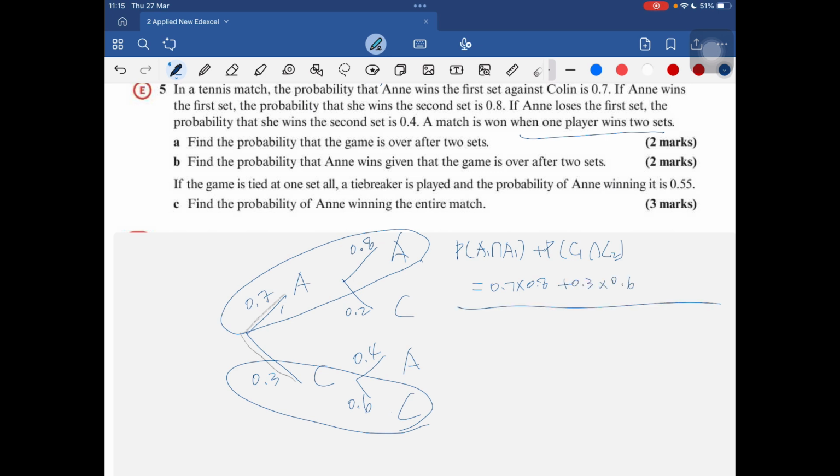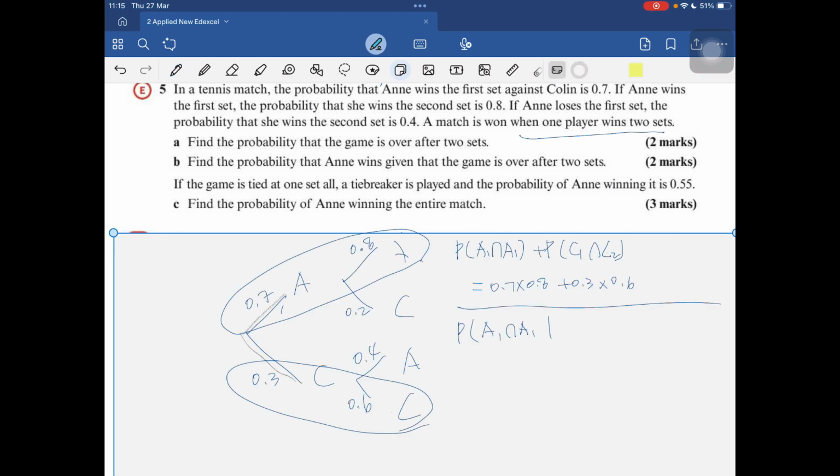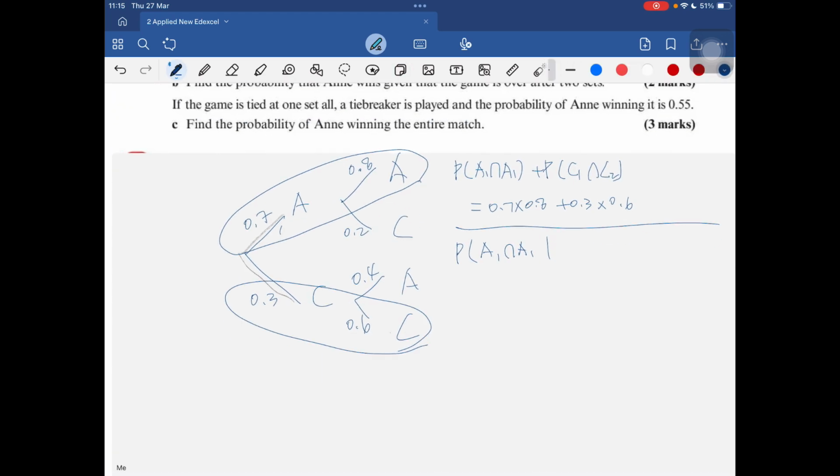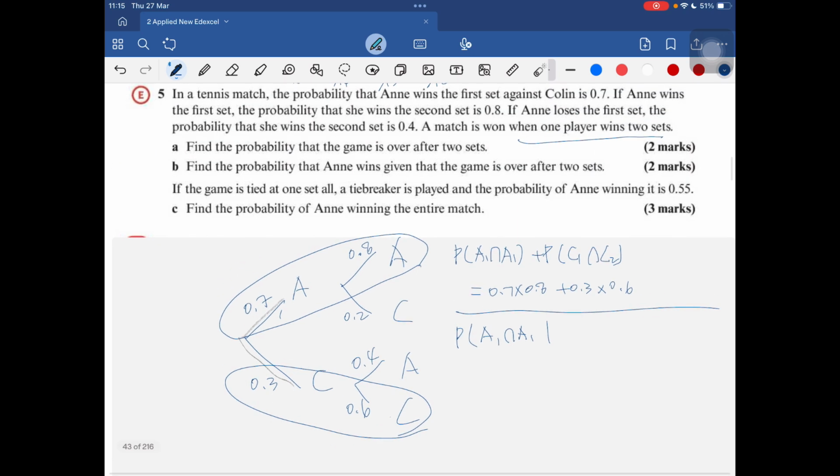Part B. Find the probability Anne wins given the game is over after 2 sets. Okay, so Anne given the game finishes after 2 sets.